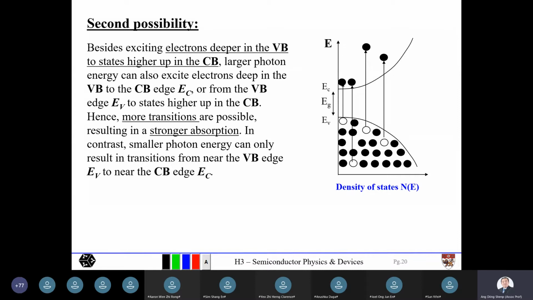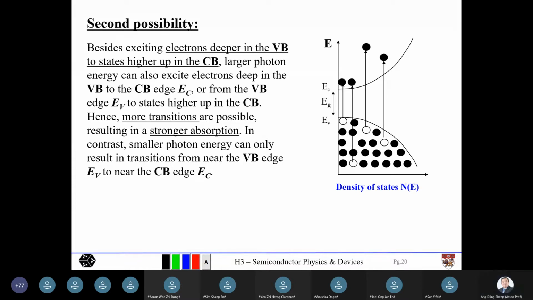In other words, the photon energy of blue light is approximately double that of red light. So blue light has more energetic photons, and the absorption coefficient for blue light is higher than that of red light.